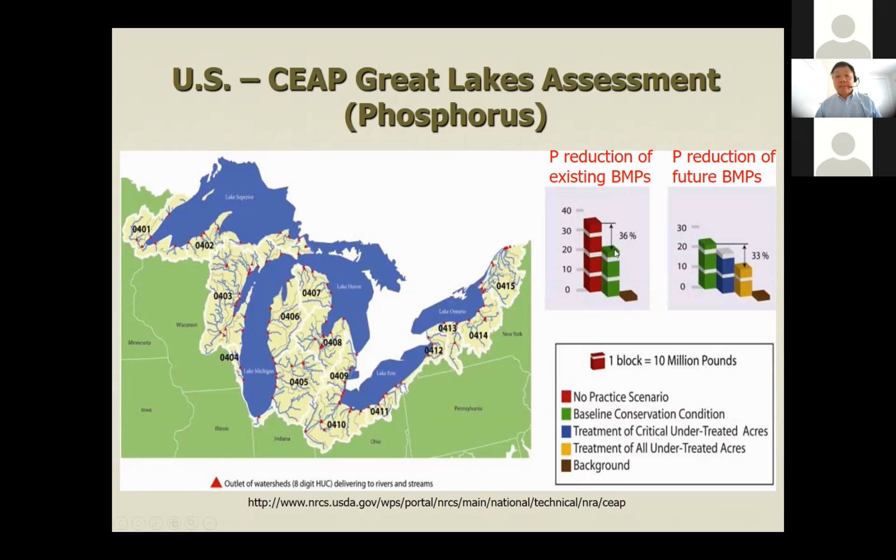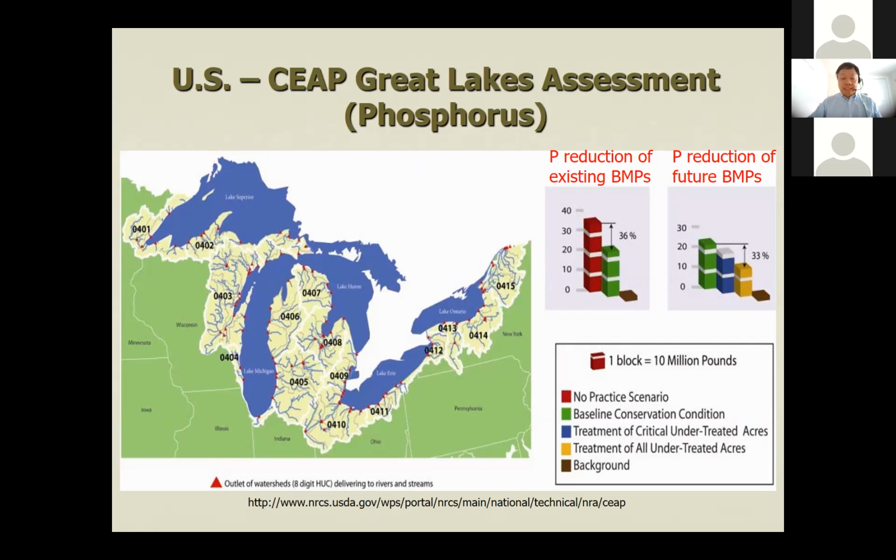Based on the existing base condition, and if they remove BMPs, they know that all the existing BMPs reduce phosphorus by about 36%. If they add more BMPs in critical areas, they can reduce another 33%. That's very important information for investors, to know what benefit we can get from conservation investment on the landscape.